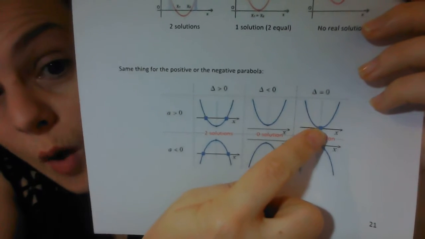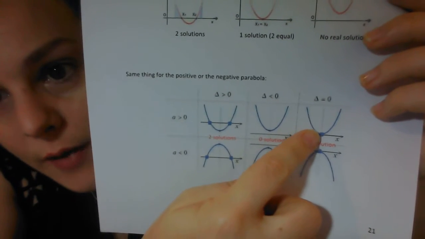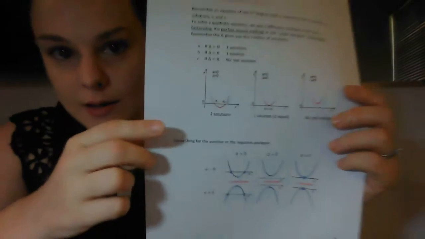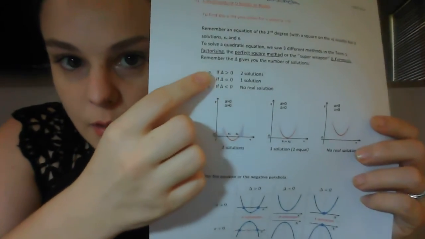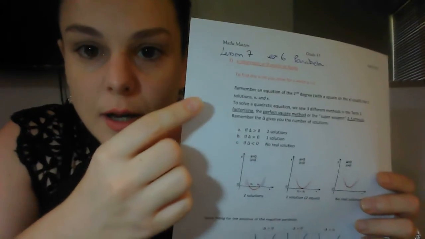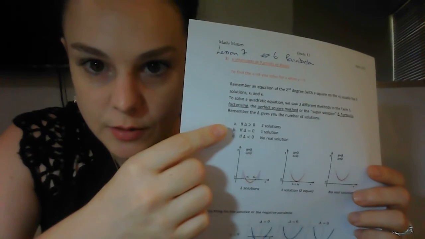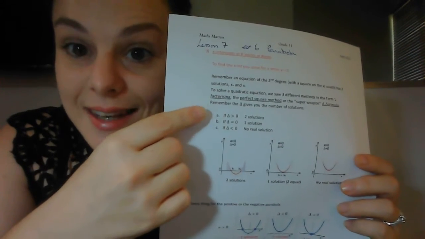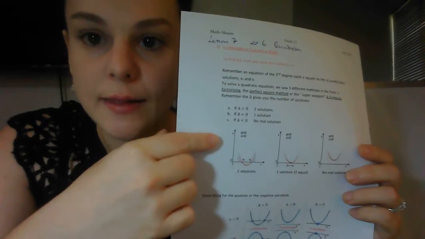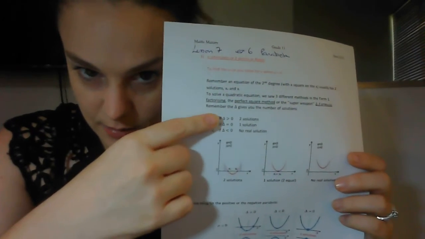You have only one intersection, only one solution. Alright, so when you want to solve the equation equal to 0, you can use the delta formula. Find the x plus and x minus. Check what is the value of delta.